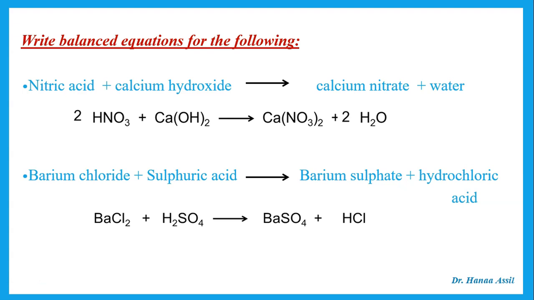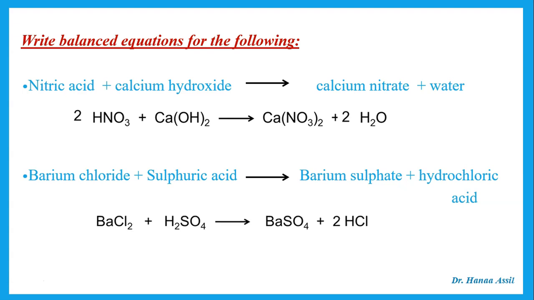Again, to balance, we count before the arrow and after the arrow. So obviously I have 2 chlorines and 2 hydrogens before the arrow. So I need to put 2 in front of the HCl. Remember that any number before the formula applies to everything after it, so that means now I have 2 hydrogens and 2 Cl's after.